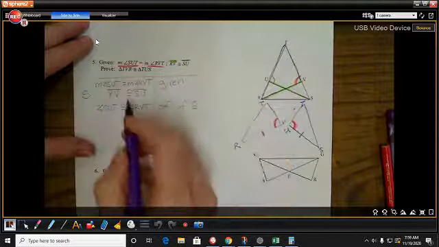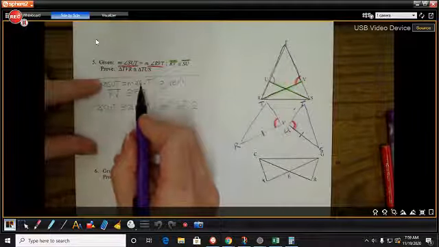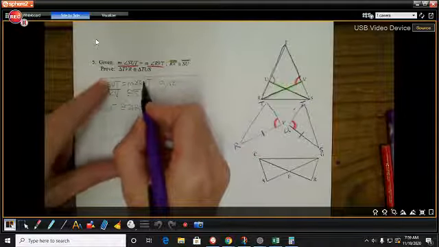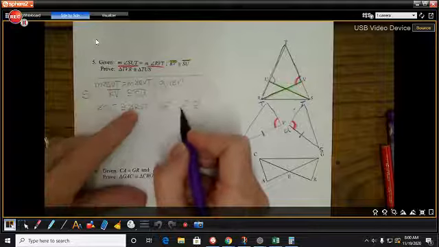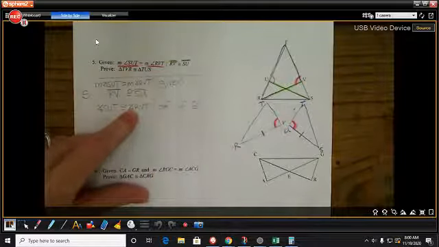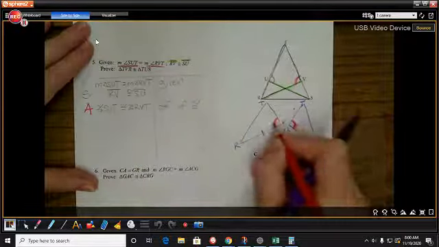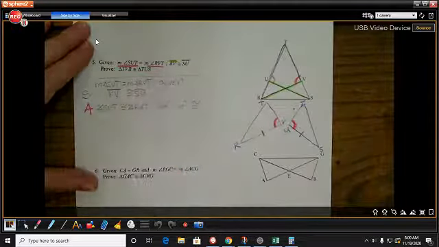Remember, we were told that if things were equal, it means that they are congruent. So since their measures are equal, I have to take the step to say that they are congruent to each other. And now I can say that those red angles are congruent to each other.